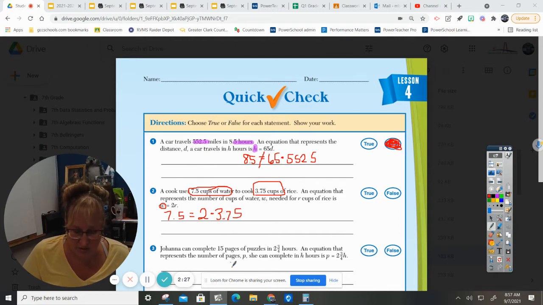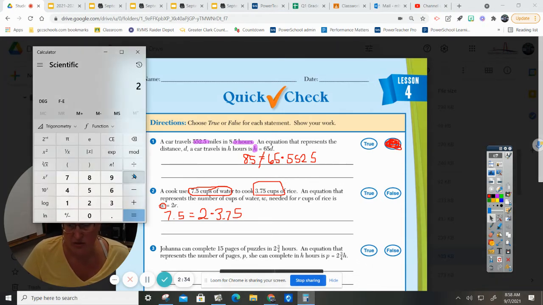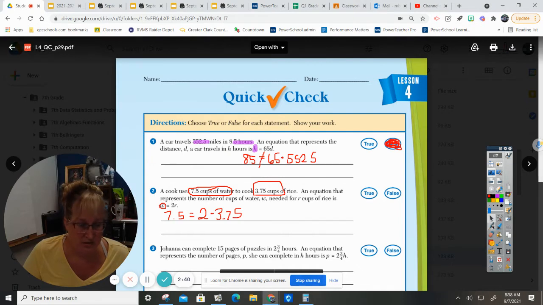And I'm going to use my calculator, but I'm fairly confident that 2 times 3.75 is 7.5. Yes. So that means that this one is true.